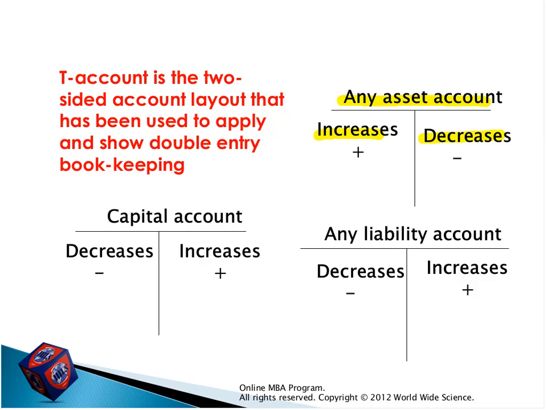Here we show the capital account and liabilities accounts, same as described previously. On the debit side they would be decreased, and on the credit side they would be increased.